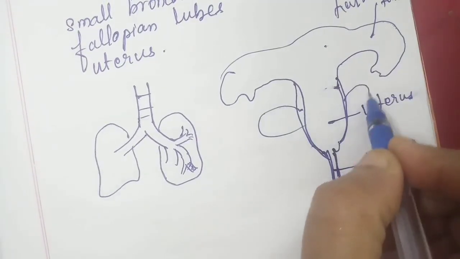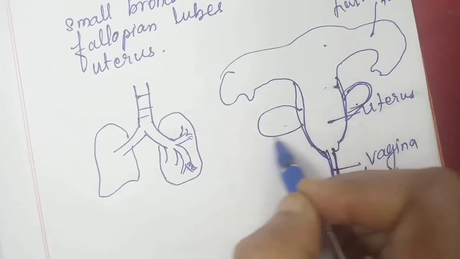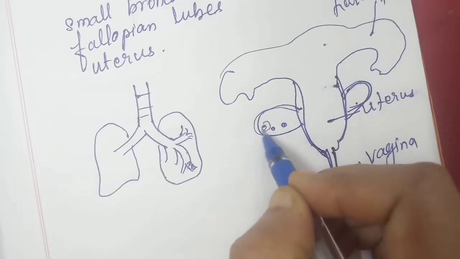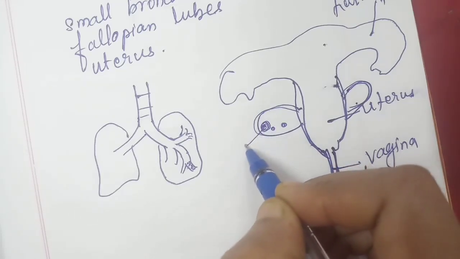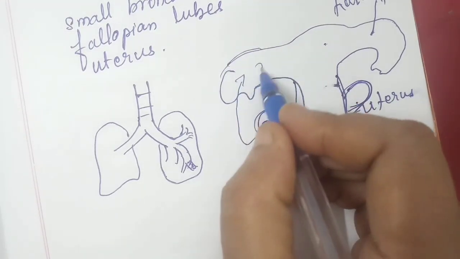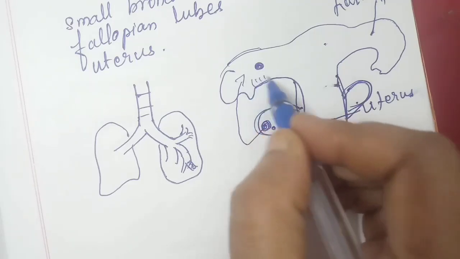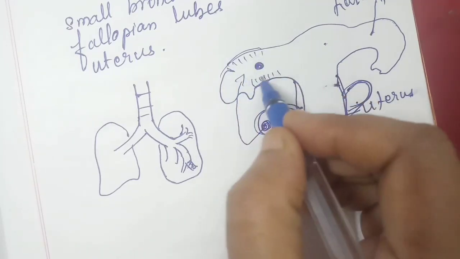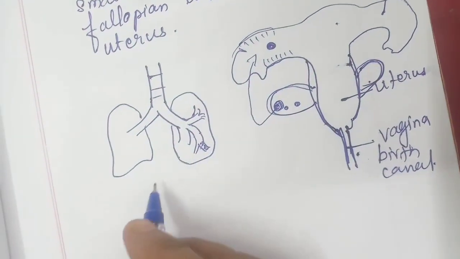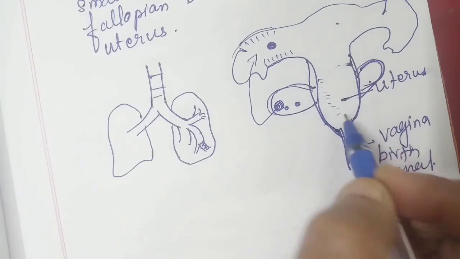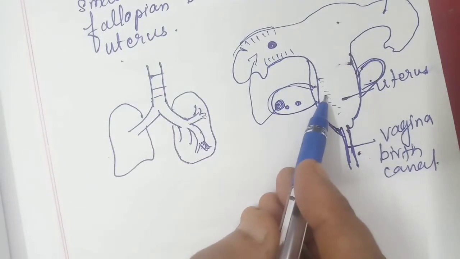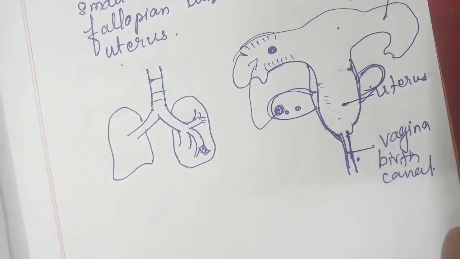And here the ovaries are present. In the ovaries the egg will be developed and matured as Graafian follicle and the ovum will be released. This released ovum will enter into the fallopian tube. So, for the movement of this egg, it is made up of the ciliated epithelium. And this uterus also is lined by the ciliated epithelium. So, small bronchioles, fallopian tube and the uterus are lined by ciliated epithelium.